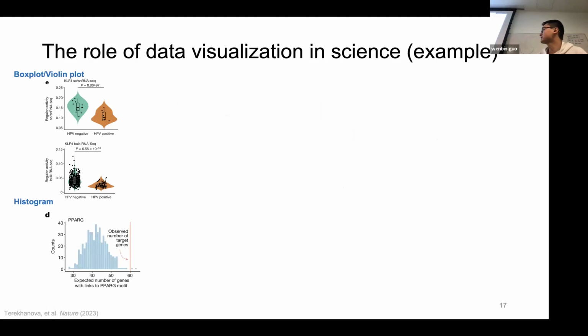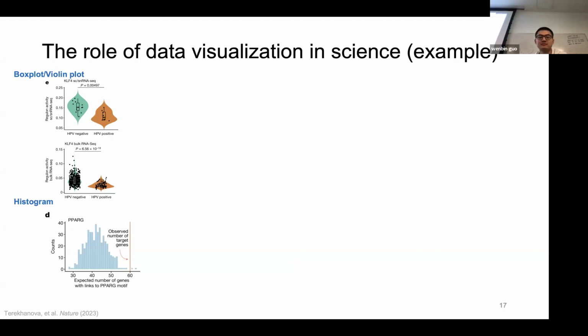If you look at a high profile journal, for example, here I just listed one paper published, I think, in November last year, several months ago. In just one single paper, they use a lot of visualization tricks.